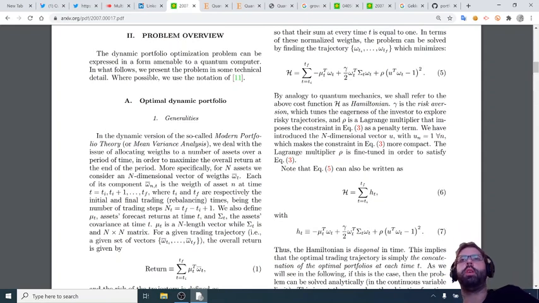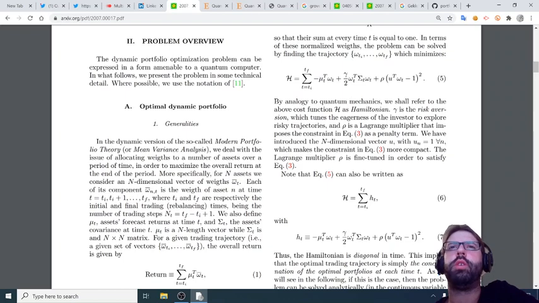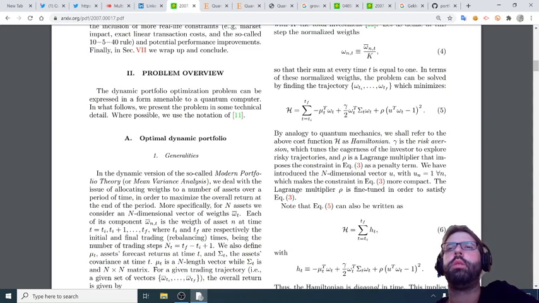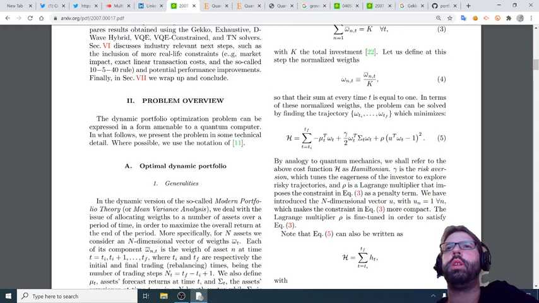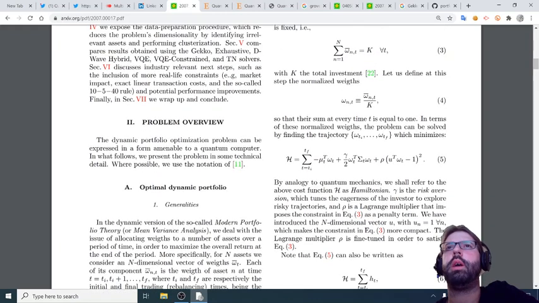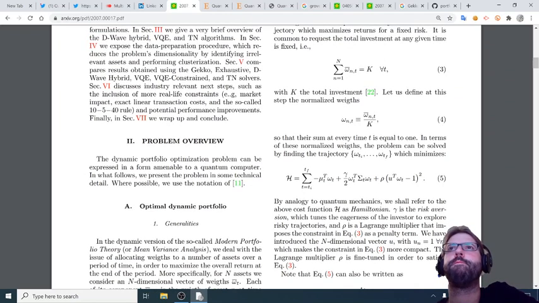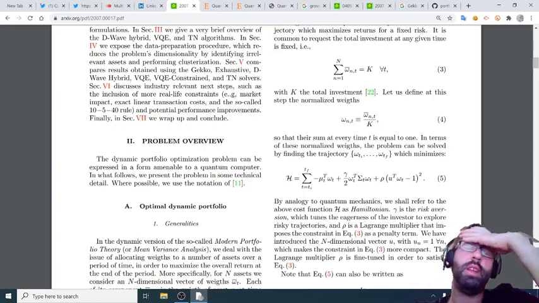So the Lagrange multiplier, okay, let's see. It's fine-tuned to satisfy equation 3. Okay, but what is it there? That's just the constraint on the maximum investment. Okay, let's think through these.